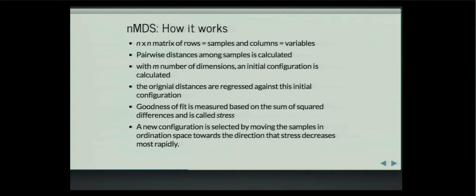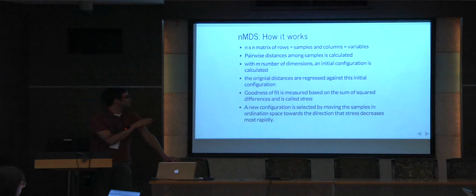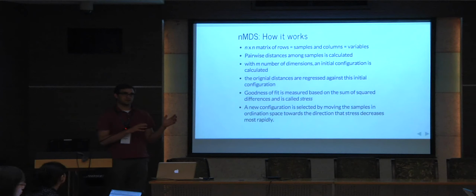So basically how it works is you have a matrix laid out with your samples as rows and your variables as columns. It calculates all of the pairwise distances, and when you specify the number of dimensions, which is m, it starts with an initial configuration, and then it measures what is called stress.